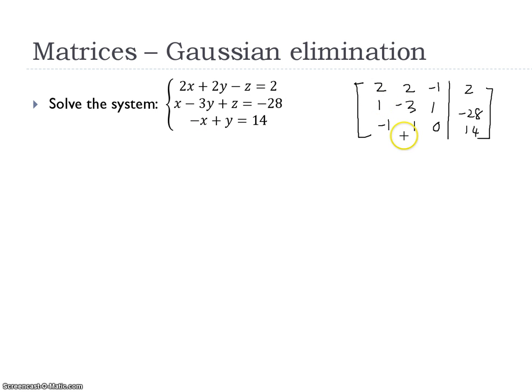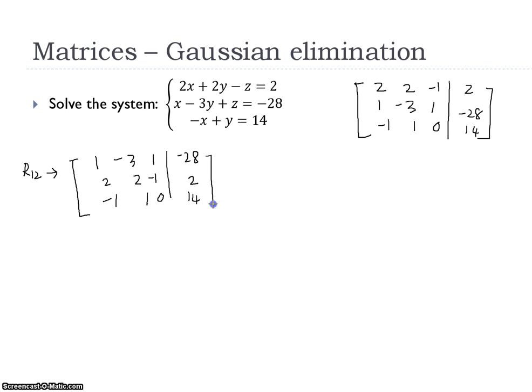So we start by interchanging row 1 and row 2. The purpose we interchange row 1 and row 2 is we want to change the first element in the upper left corner in the first row to be 1.